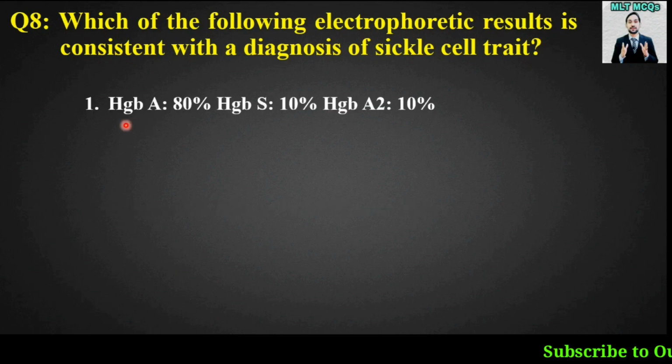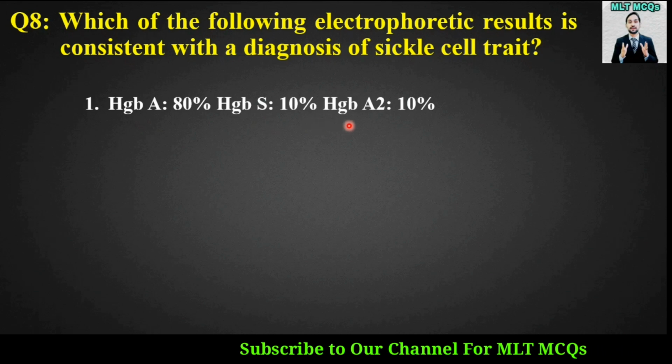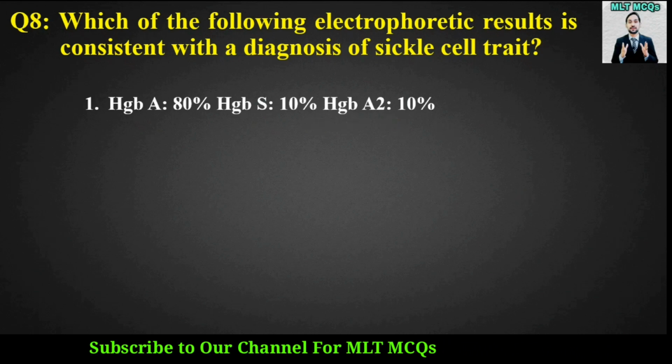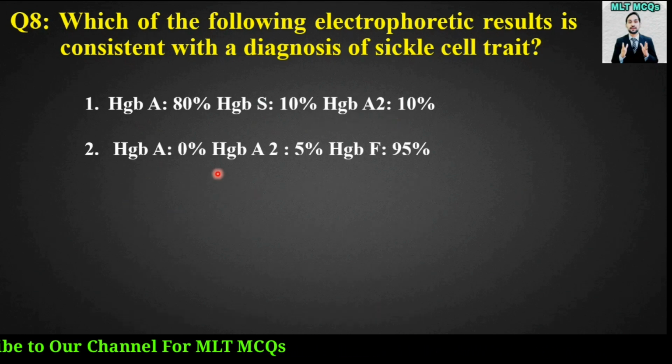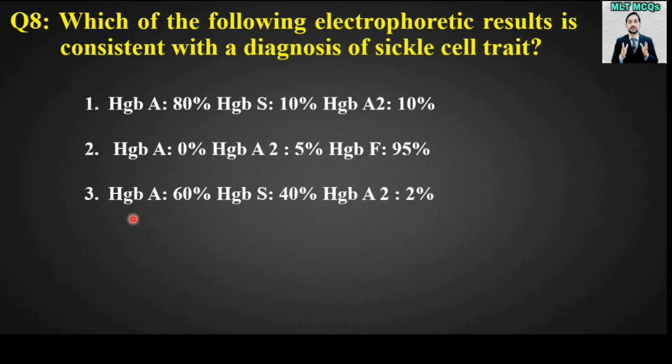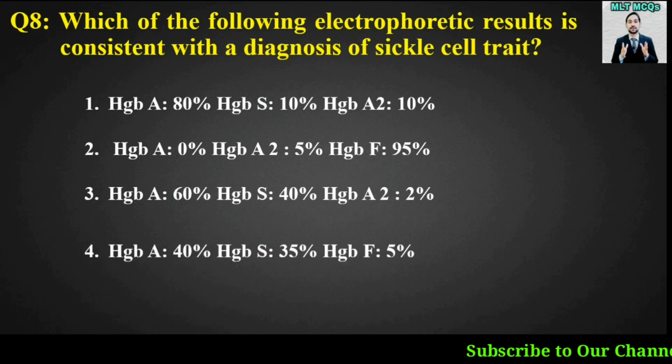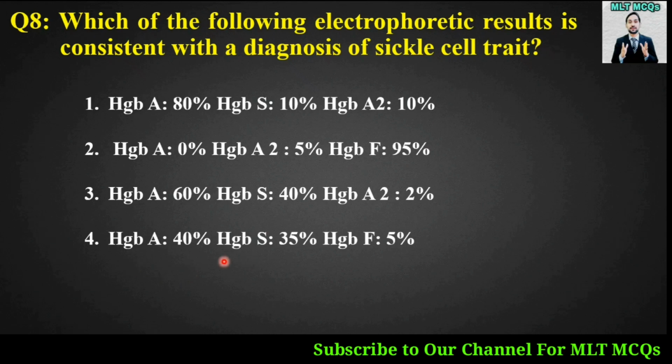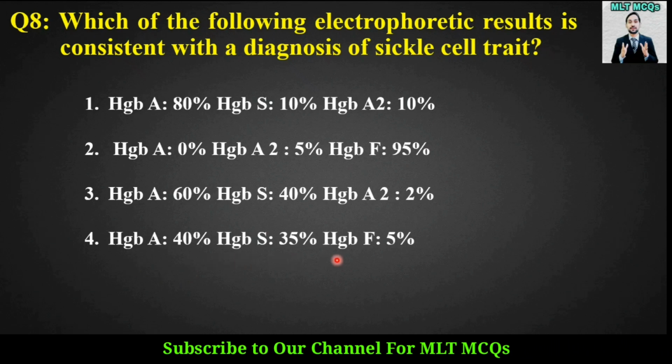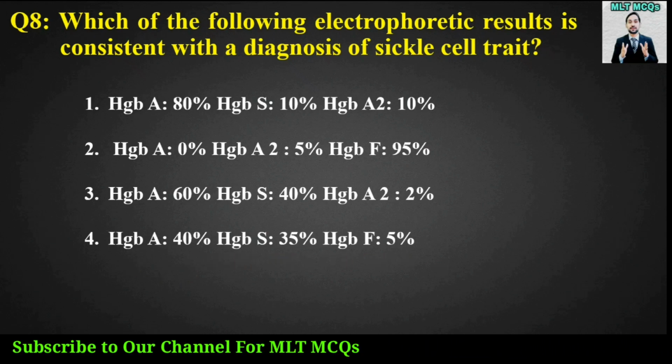Options are hemoglobin A 80%, hemoglobin S 10%, hemoglobin A2 10%; hemoglobin A 0%, hemoglobin A2 5%, hemoglobin F 95%; hemoglobin A 60%, hemoglobin S 40%, hemoglobin A2 2%; hemoglobin A 40%, hemoglobin S 35%, hemoglobin F 5%.